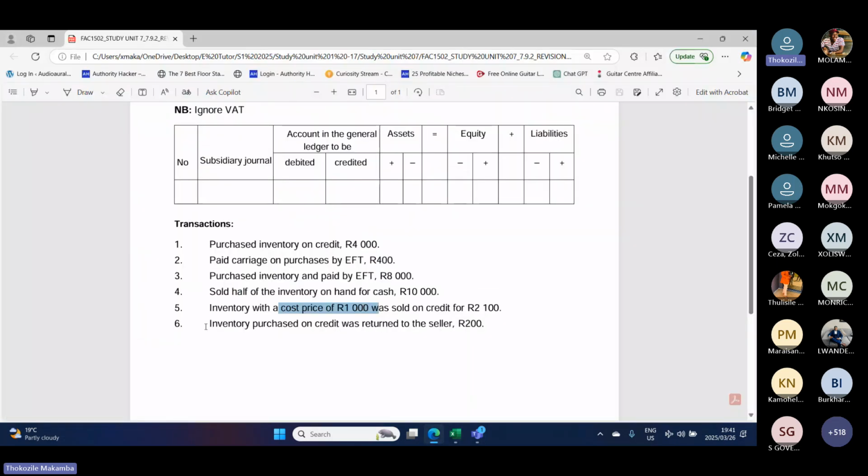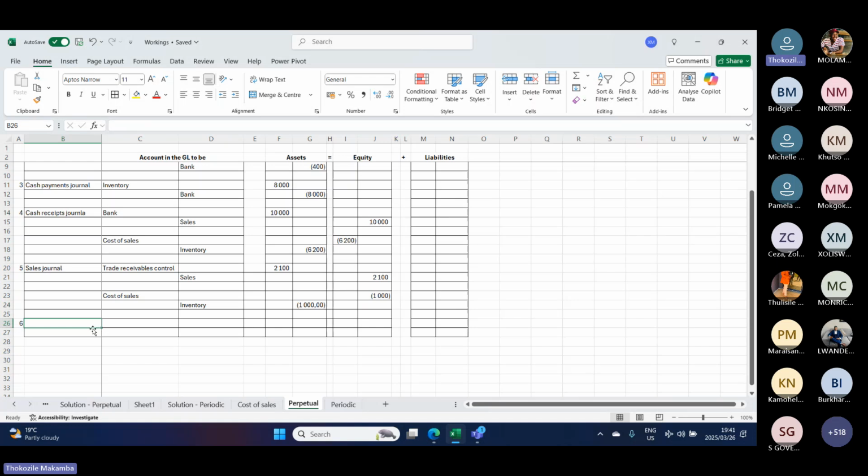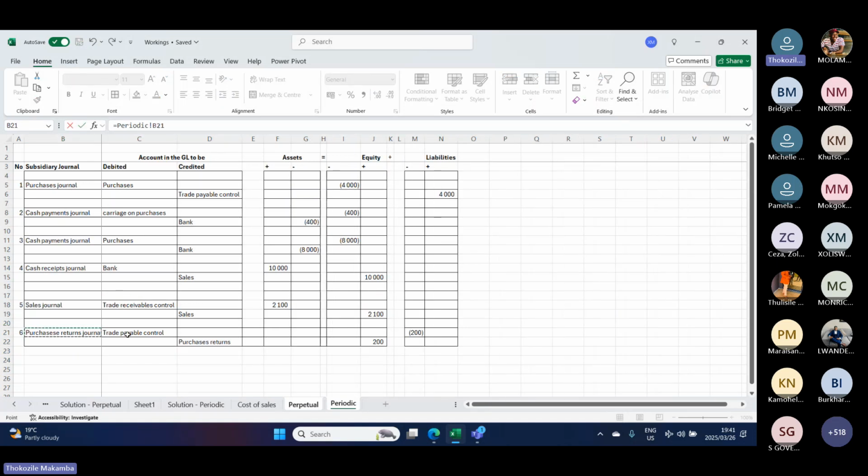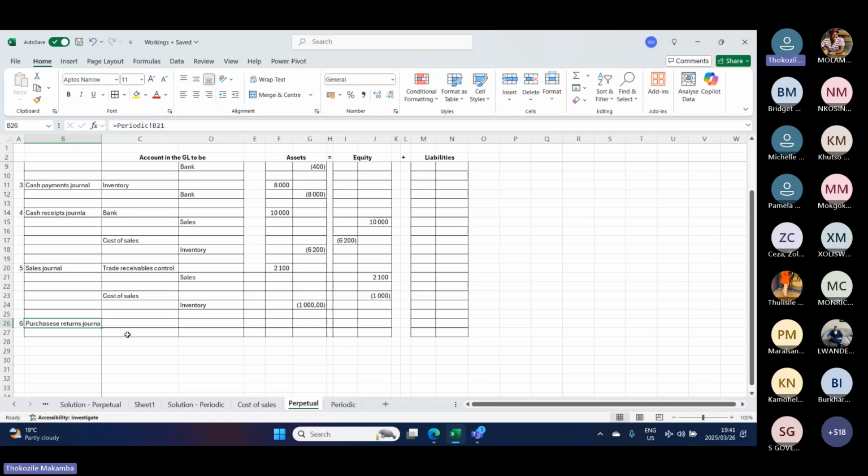Then last part, number 6, inventory purchased on credit was returned to the seller, right? So here we're going to be in the purchases returns journal, right? And because inventory was returned, we need to reduce our inventory. So we credit our inventory, right? But then because we had purchased it on credit, we know that we need to debit our trade payables control, right?